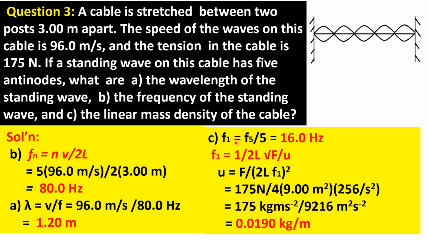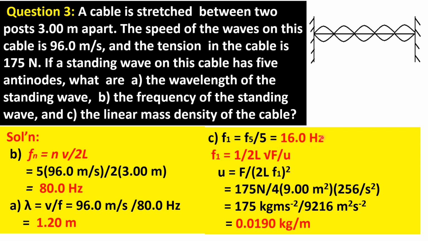So the fundamental frequency, meaning the one corresponding to just one antinode, we just divide F5, which is what we got earlier, 80.0 hertz, by 5, and we get the fundamental frequency F1, which is 16.0 hertz.